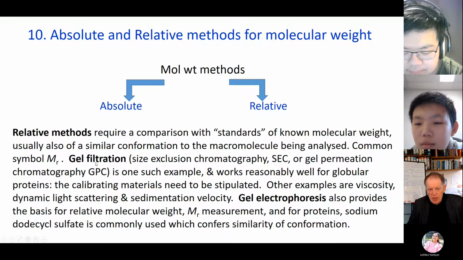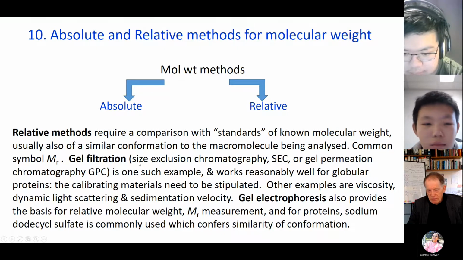But just to be aware that these gel filtration methods, size exclusion chromatography, SEC, or another name for this is gel permeation chromatography, GPC, are relative methods, and they work reasonably well for globular proteins. Again, the calibrating materials need to be stipulated. So you calibrate your columns with globular protein standards if you're looking at a globular protein.